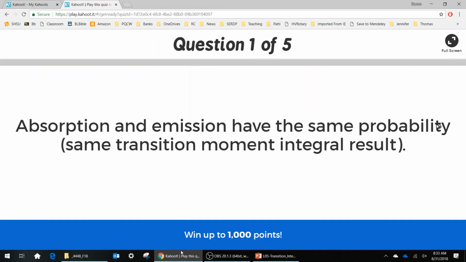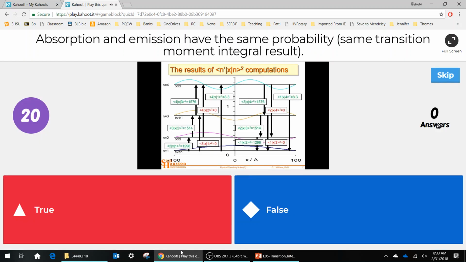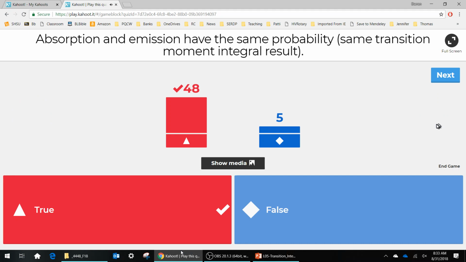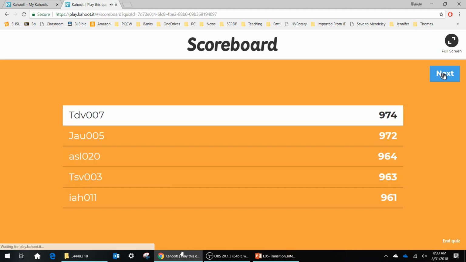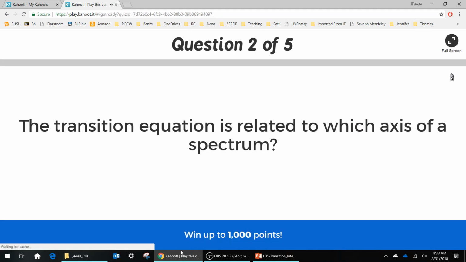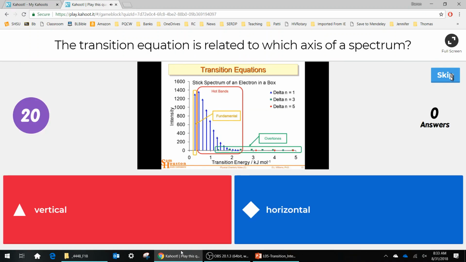Okay. Absorption and emission have the same probability, same transition moment integral result. True or false? Yay! I'd like to see that. Okay. The transition equation is related to which axis of the spectrum?